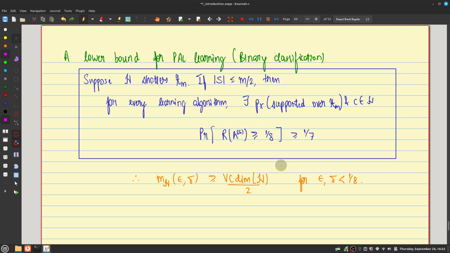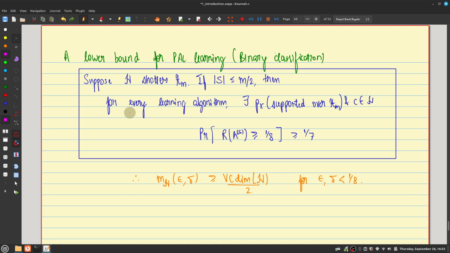If you observe fewer than m by 2 samples, then what does the no free lunch theorem say? It says that if the size of the set is less than m by 2, then the learning algorithm essentially can't achieve an arbitrarily small epsilon and delta.